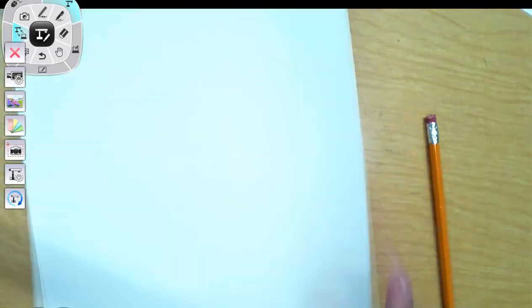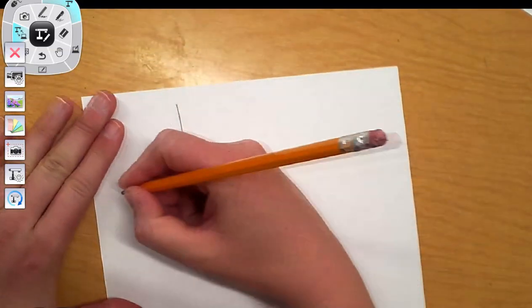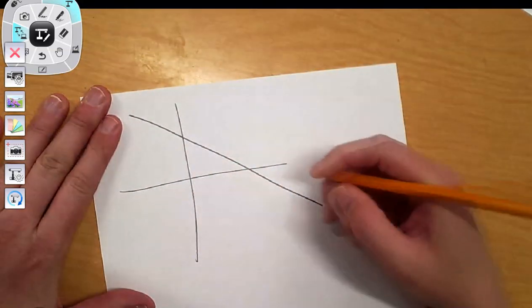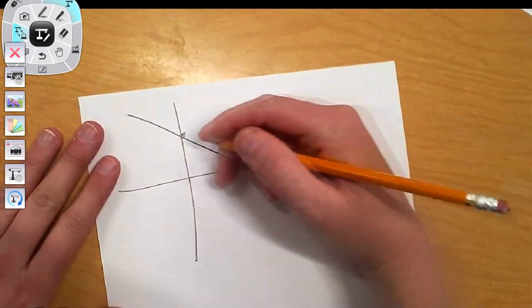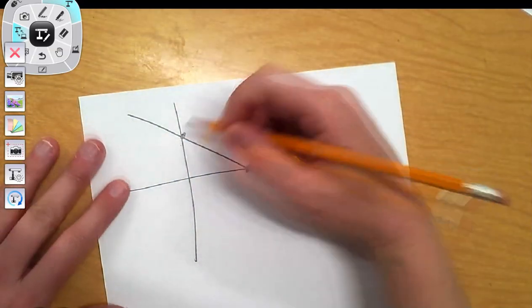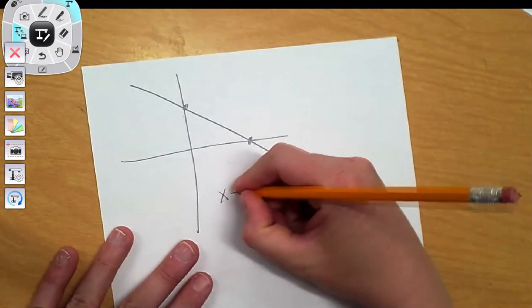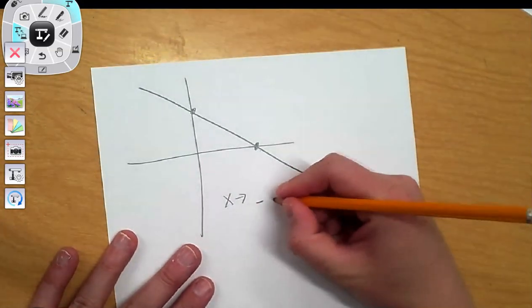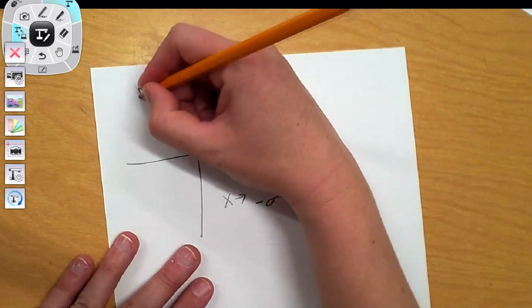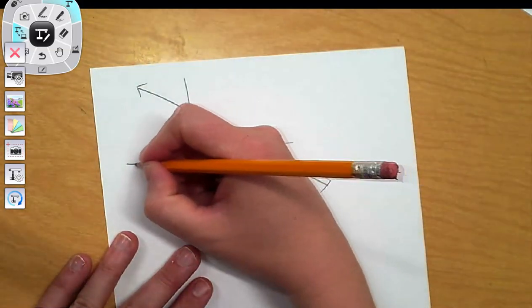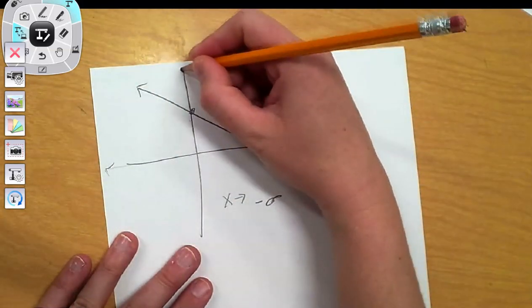The thing I want to talk about is end behaviors. You're looking at what is happening and where it is going. If we have a nice line, there's my line, there's my x-intercept and y-intercept, and I'm going to say as x approaches negative infinity, if we go this direction, we're going up forever and ever.